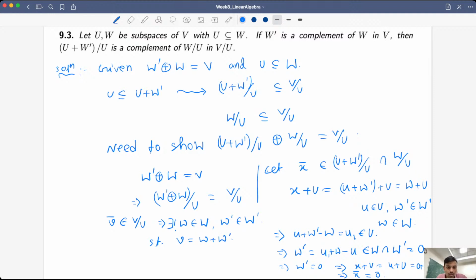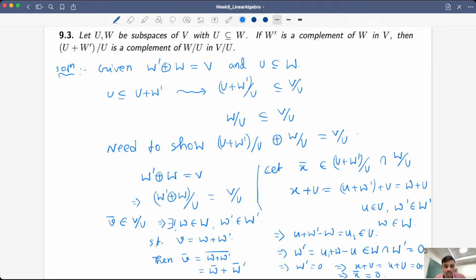So now you just consider these two classes: v bar equals clearly w bar plus w prime bar. As V mod U is a vector space, from the vector space addition this is nothing but w bar plus w prime bar.